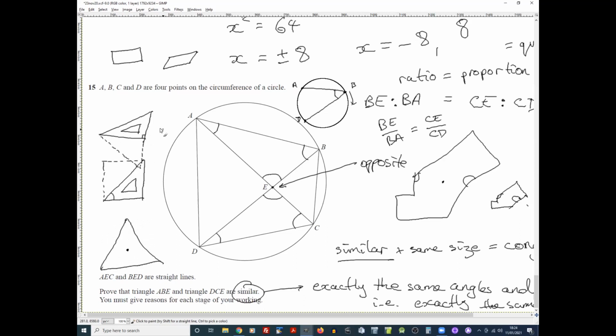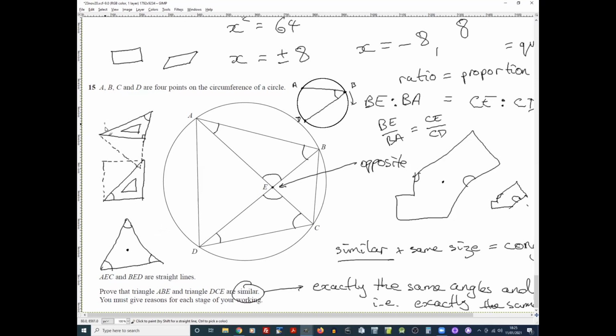Yes. Okay. So what are the angles here? Let's do this one first. What must this angle be? Which is like this one, or this one, or this one, because they're all the same, aren't they, in an equilateral triangle? Okay, so 60 degrees.